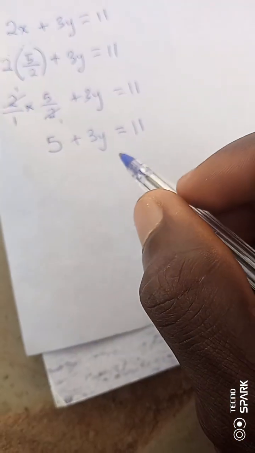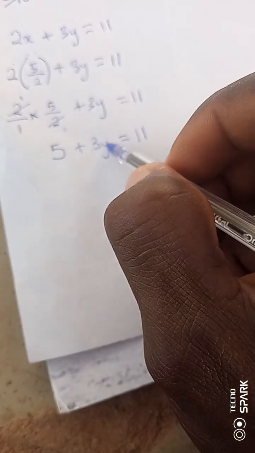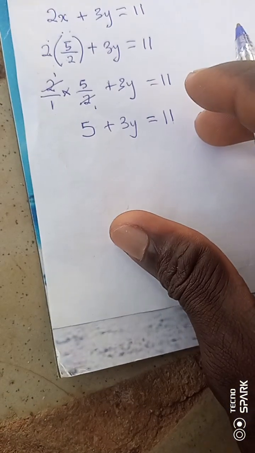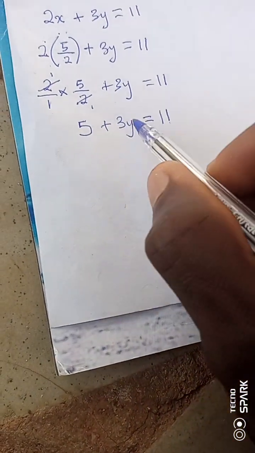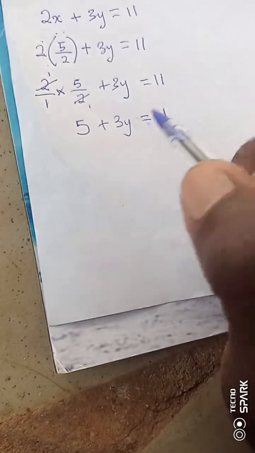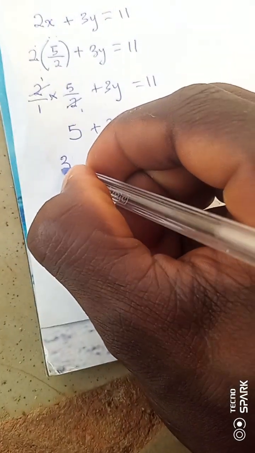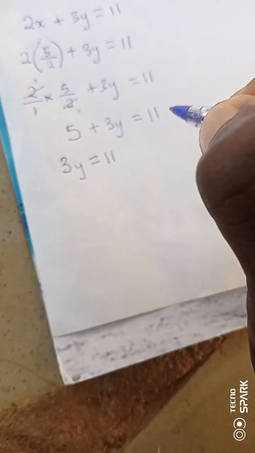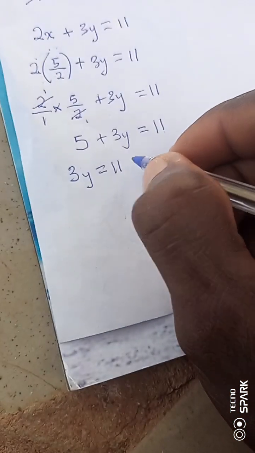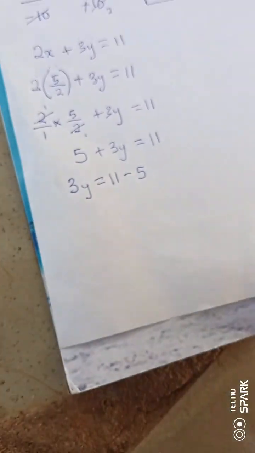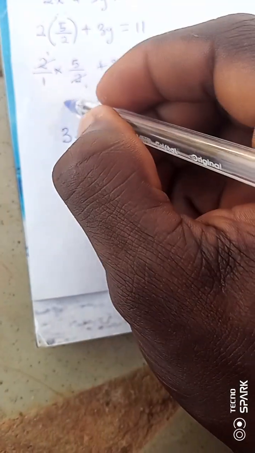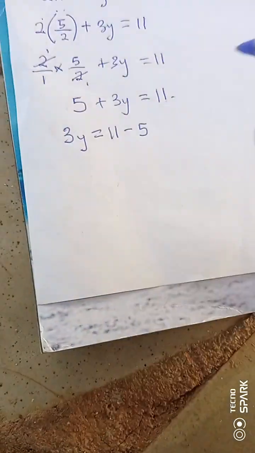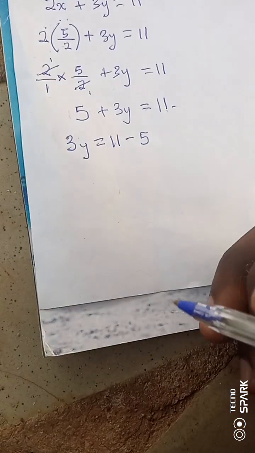Remember, we're solving for y. So we're going to make y here the subject of the formula. But before that, we collect like terms. So that will be 3y is equal to 11 minus 5. Why is it minus 5? There's an invisible plus here. So when this plus 5 crosses over this equality sign to meet 11, it changes to minus 5.